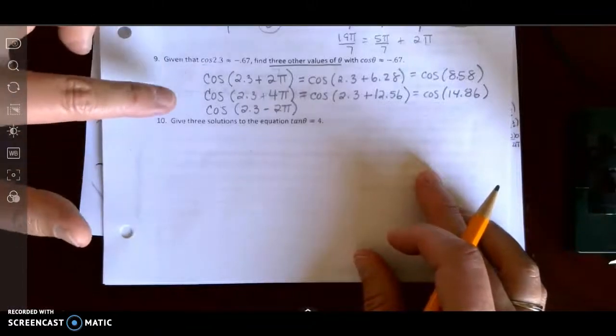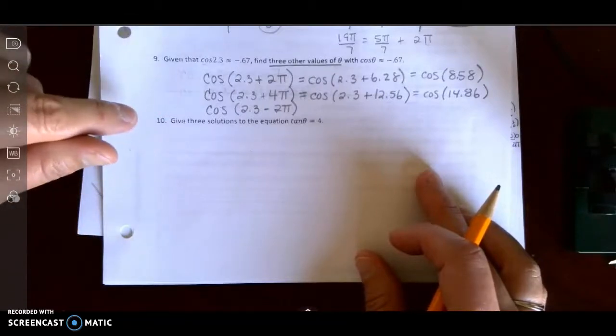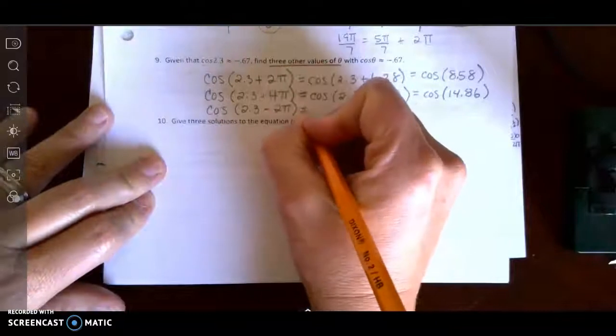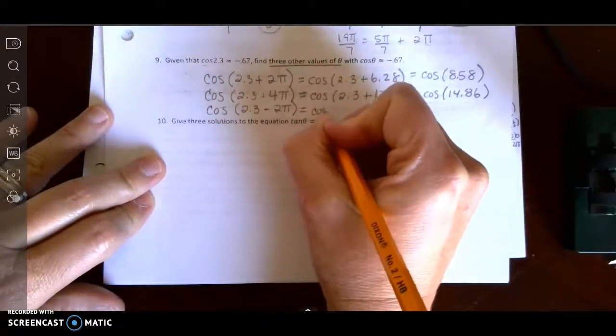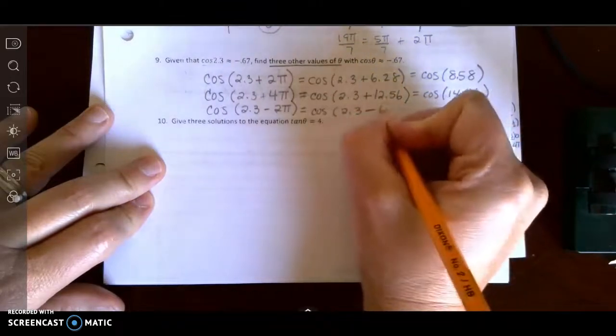All right, so this last time we're going to go 2 pi, but we're going to go the other direction. We're going to go clockwise, so we're going to subtract 2 pi, which makes this the cosine of 2.3 minus 6.28.